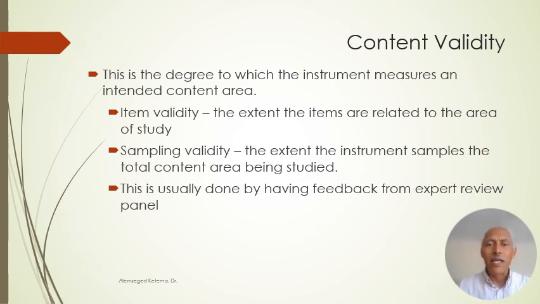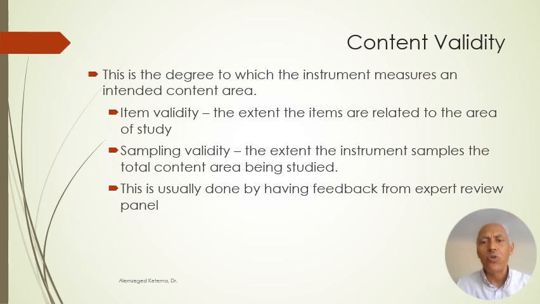Sampling validity is the extent to which the instrument samples the total content area being studied. In the research methods course, we have covered and continue to cover a lot. So if I am to design a quiz, does the quiz cover only a small part of the beginning, or nothing from the beginning but all from the last sessions? Sampling validity is to make sure it is taking questions from all aspects of that area of study.